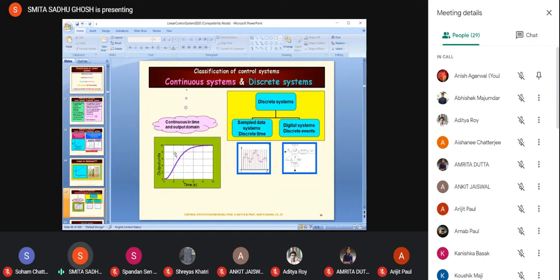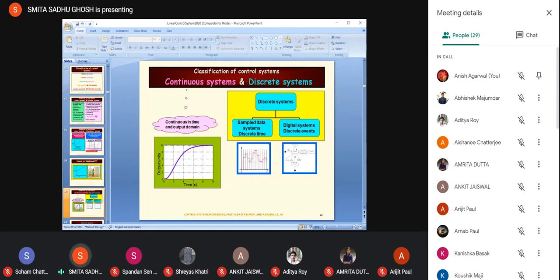Let us compare that with the case, say for example, where the output can either be 1 or 2 or 3, but not 1.1 or 2.3, or for that matter 3.7, right? So in that case, the output domain would have been considered to be discrete, but in this plot over here, both the output domain as well as the time domain are continuous, that is, continuity exists.